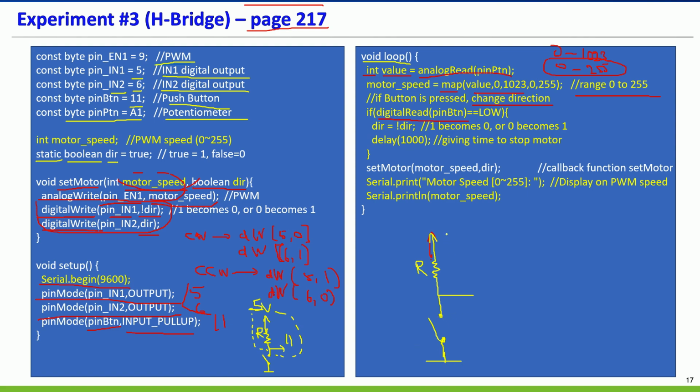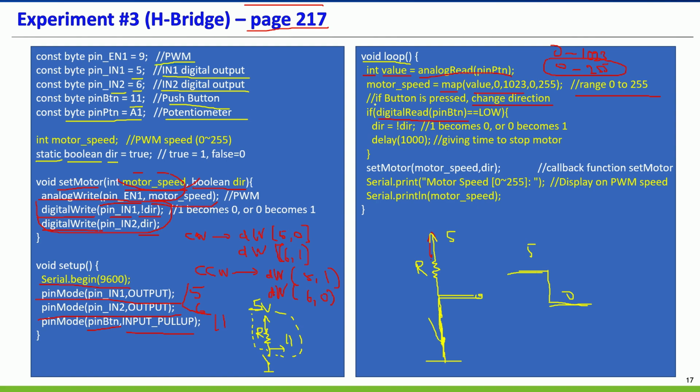If the switch is open, the state is high, and when the switch is closed, this one is directly connected to ground, so this one is 0. This is the pull-up resistor, remember.